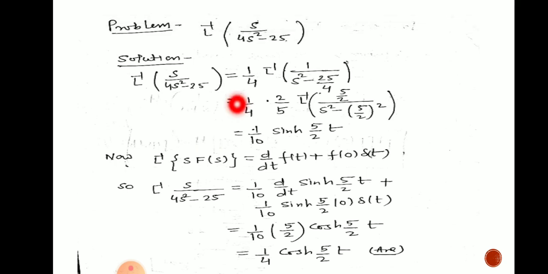So this term is equal to 1 by 4 Laplace inverse of 1 upon s square minus 25 by 4, and we can write 25 by 4 as (5 by 2) whole square. Now by applying the basic formula of Laplace inverse, this term is equal to 1 upon 10 sinh(5 by 2 t). So the solution of this problem is equal to 1 by 4 cosh(5 by 2 t).